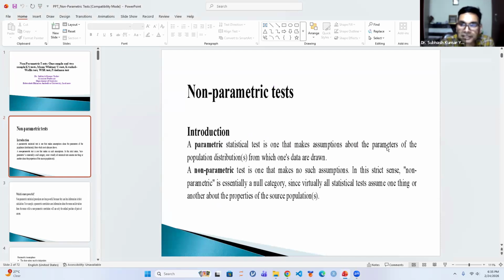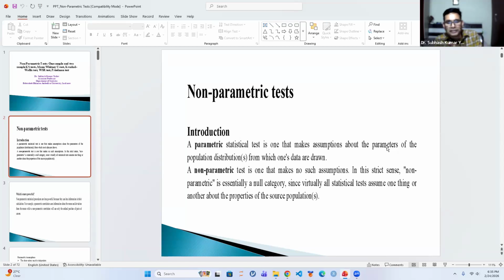So what is non-parametric test? First we should know what is parametric, and then we should know the non-parametric. As we know, a parametric statistical test is one that makes assumptions about the parameters of the population distribution from which one's data are drawn. That is, we suppose that the parent population is normally distributed.